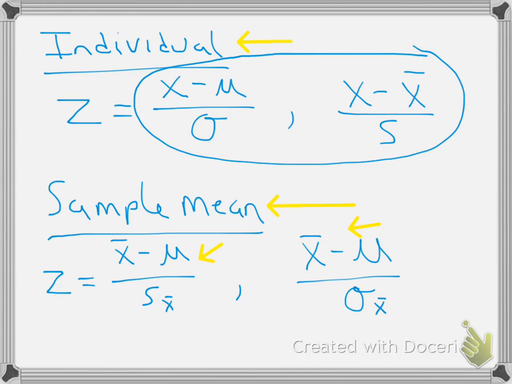In the denominator, these are standard errors rather than standard deviations. So the resulting z-score says our sample mean is this far away from our population mean in standard error units. So it's pretty similar; the main difference is that we're looking at sample mean differences from the population mean.